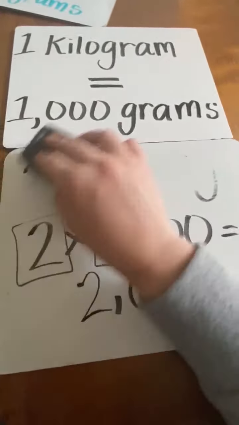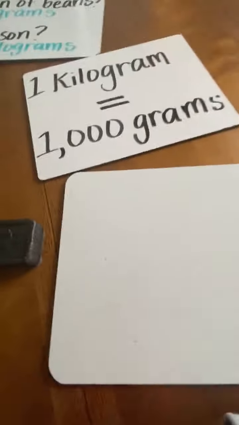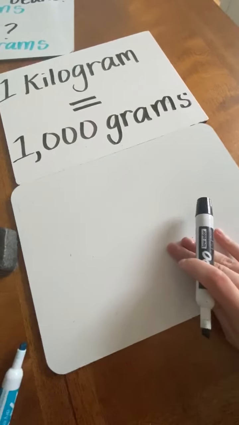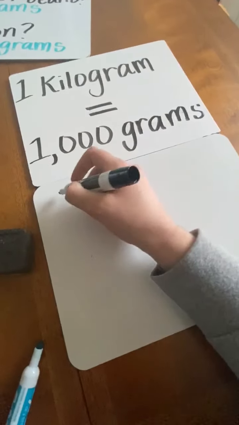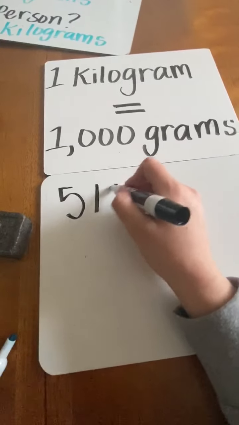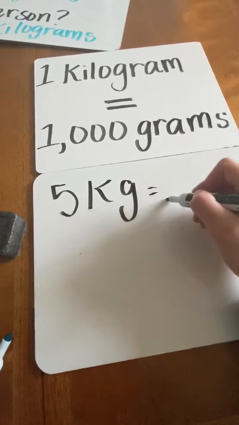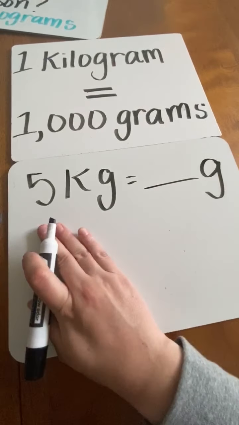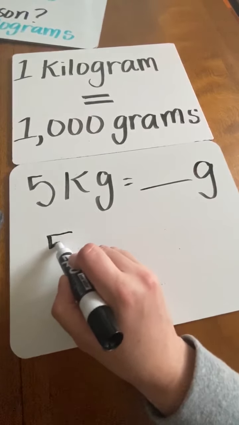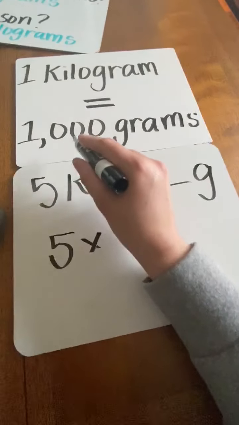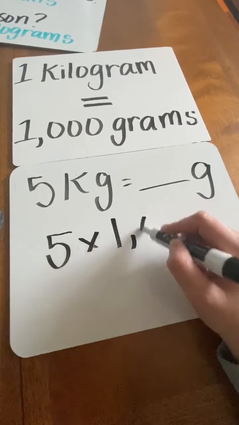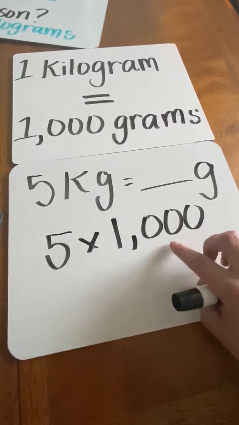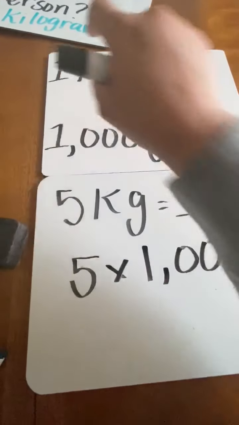Let's do another one together. Okay. What if I have 5 kilograms now, and I want to know how many grams that equals? So how many grams are in 5 kilograms? Let's find out. I would do 5 times 1,000, right? Because there's 1,000 grams in 1 kilogram.